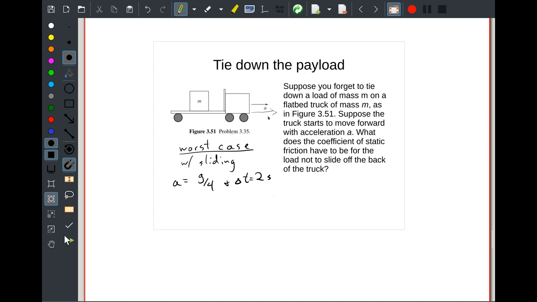So the driver, he or she, hits the gas and accelerates for 2 seconds. And we're going to say it cannot slide more than 2 meters. So that gives us 6 feet of space that it can slide from here to here. 6 feet, or about 2 meters.